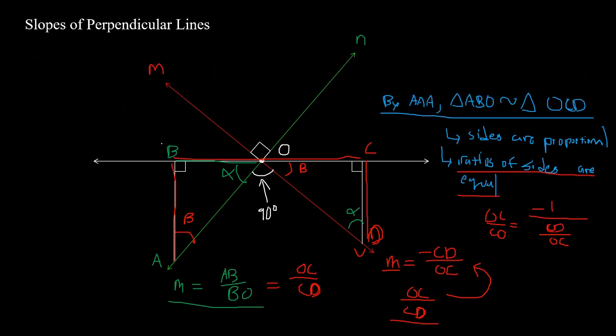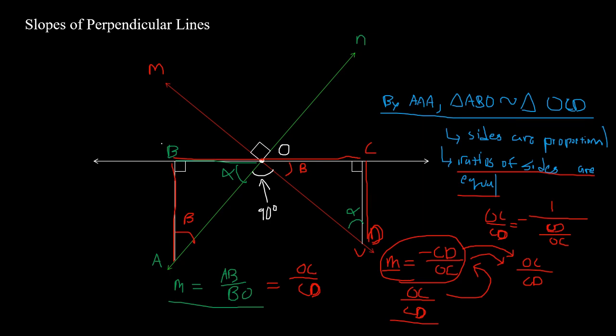So OC over CD is equal to the negative reciprocal of the slope of the red line. You just flip it and multiply by a negative sign. If you take the reciprocal of the slope of the red line and multiply it by -1, you get OC over CD. Or in other words, OC over CD is equal to -1 over CD over OC.